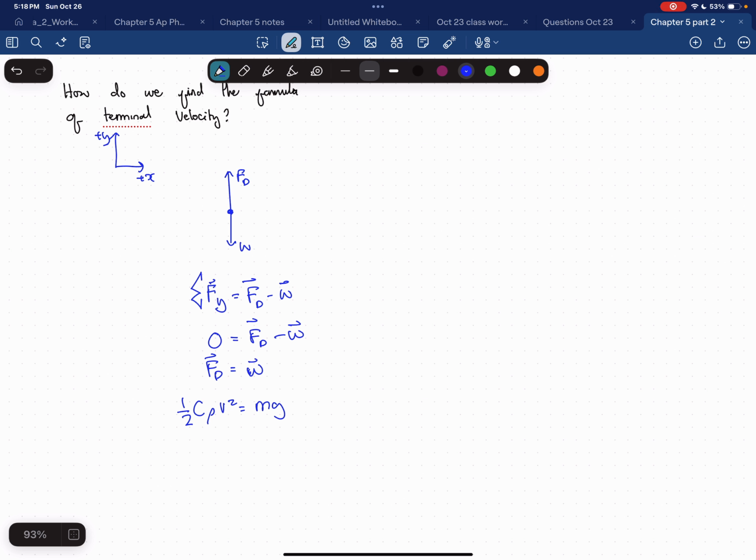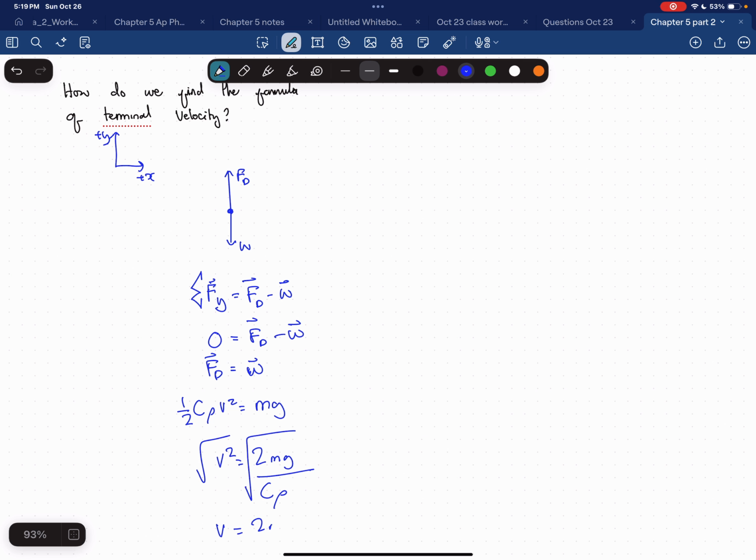So now we can solve for v. v squared is equal to 2mg divided by C rho A, and then I can square root both sides.